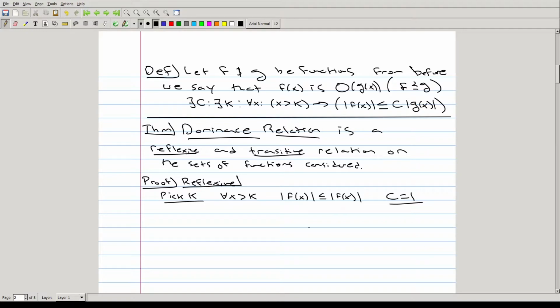And this will always be true, because the absolute value of f of x will always be equal to the absolute value of f of x. Therefore, f is dominated by itself, or f is big O of itself.